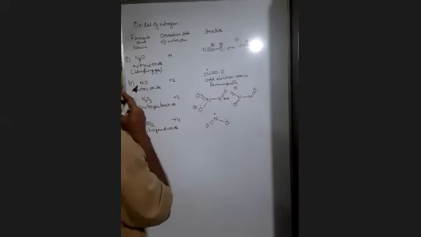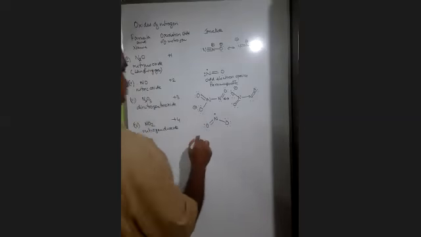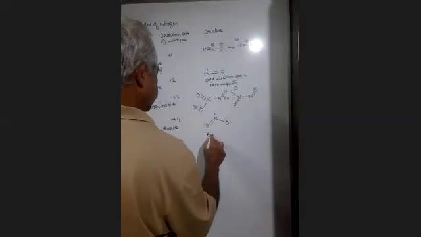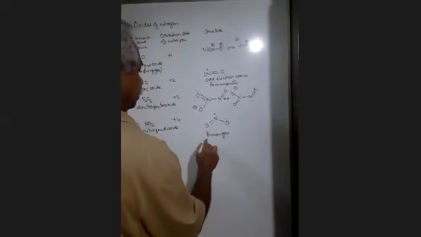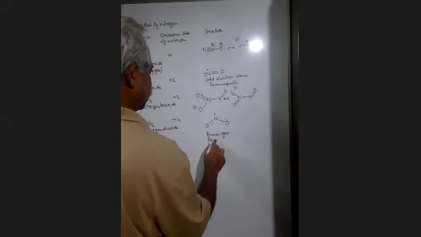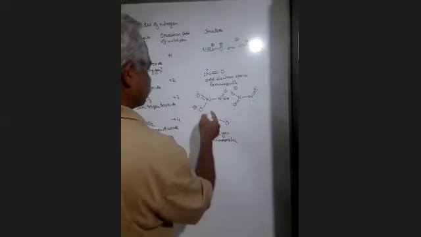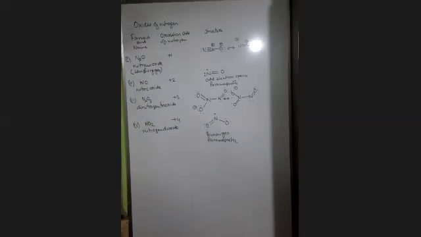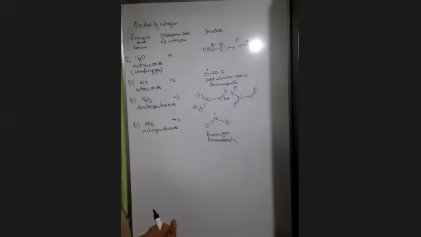It is an odd electron species. This is brown in color, a brown gas, paramagnetic. Why is it paramagnetic? Because of the presence of an unpaired electron. Why is it brown in color? Due to the presence of an unpaired electron, it is colored.